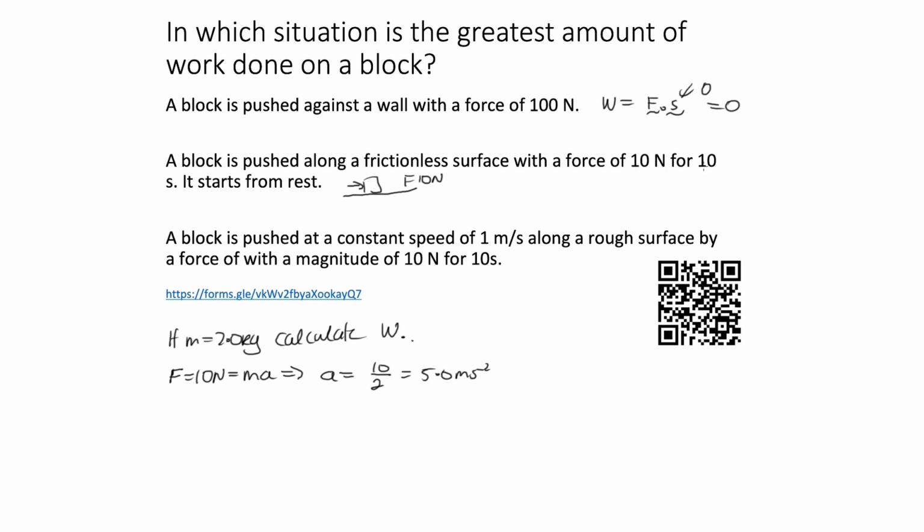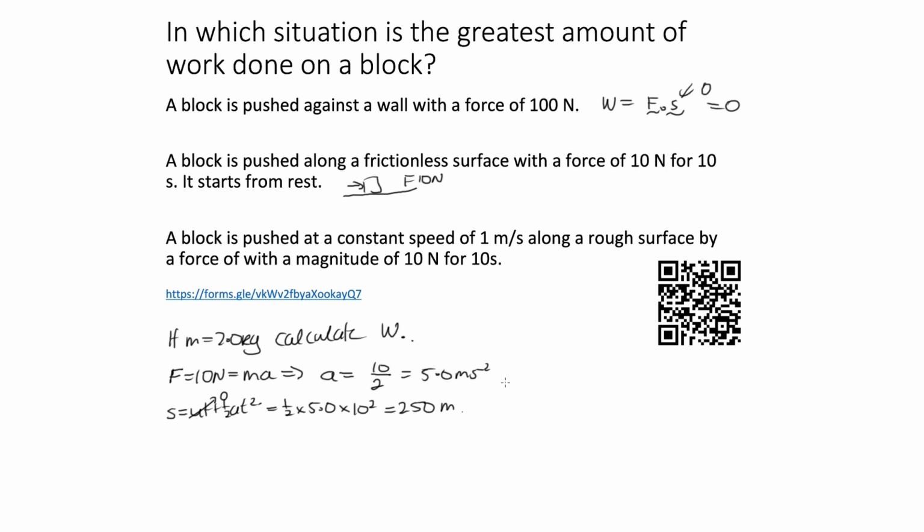Now we want to know how far it goes, and it's going for 10 seconds and starting from rest. So we can use s is equal to ut plus a half at squared, where u is 0 because it starts from rest. So this is equal to a half times 5 times 10 squared, as it's going for 10 seconds. So this is 2.5 times 10 squared, which is 250 meters.